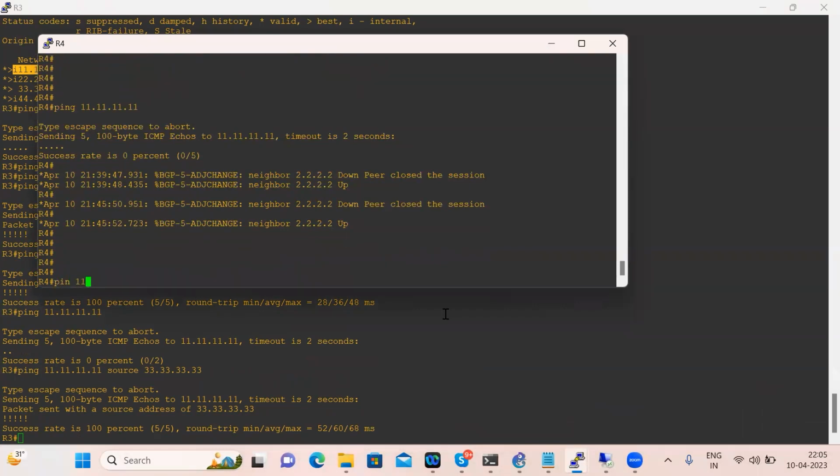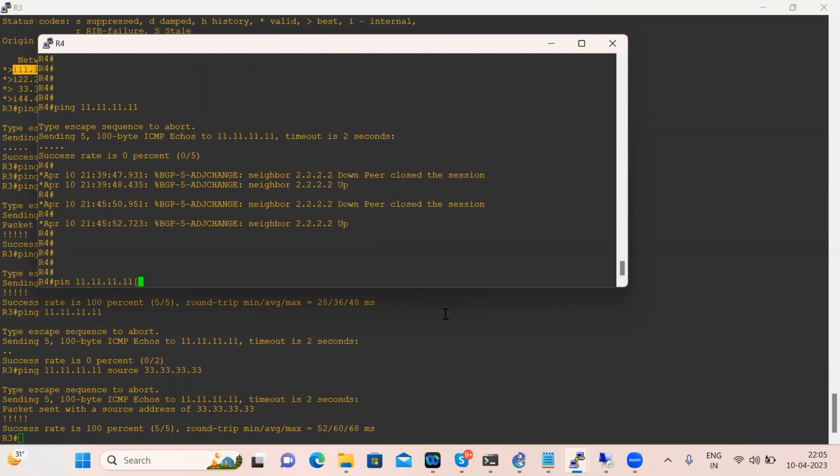Sir, if you ping by default, then which IP will it use? If you ping without the source IP 3.33.33, which IP will it use to ping? You can't say any particular interface IP address. Okay, on your router, many IP addresses are configured.